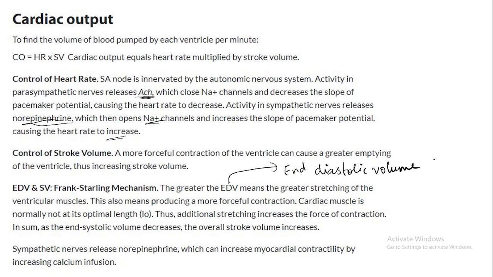EDV is end diastolic volume and stroke volume, SV. Please read that.